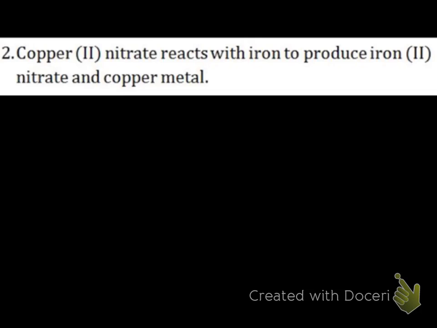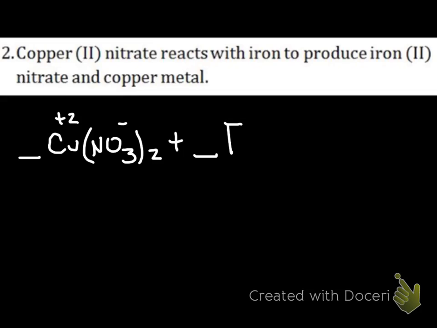Going to work 2, 4, and 8 on your homework. Okay, number 2, copper 2 nitrate. You need 2 nitrates because of the -1 charge. Plus iron. Iron is a metal and can be by itself.